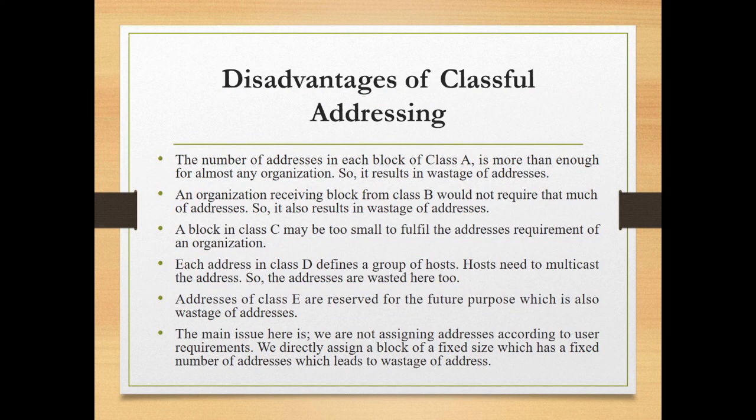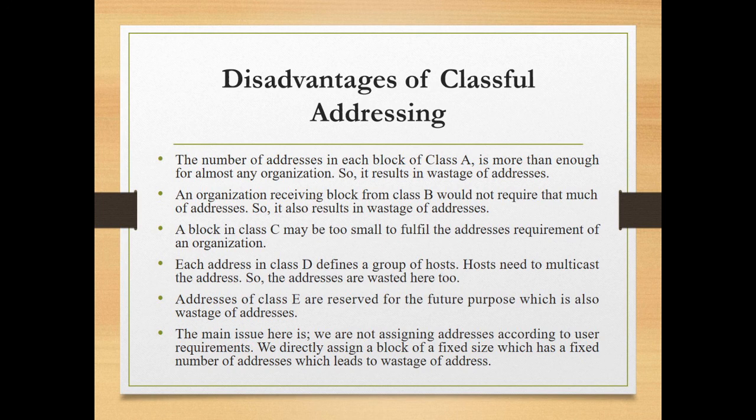Now let's see the disadvantages of classful addressing. Both class A and class B have a large number of addresses in each block, and an organization requesting such a network would have a lot of hosts and a wastage of addresses. In the case of class C, it would be too small to fulfill the address requirements of an organization.